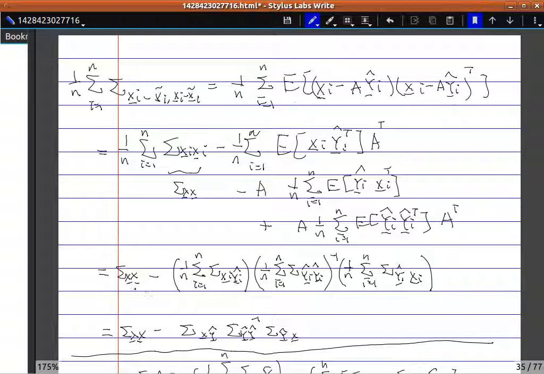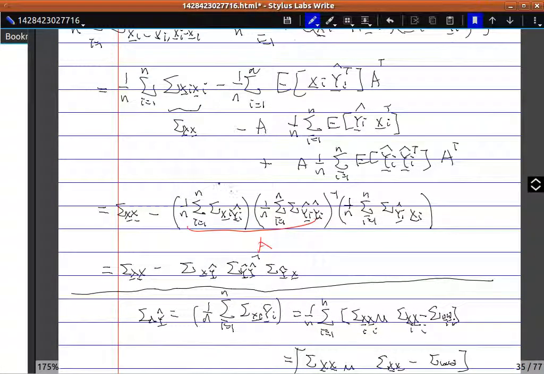So therefore we have sigma xx minus this term here. And by the way, this is actually just a. But for each of these averages of the covariance, we will just denote this without the index, simply.